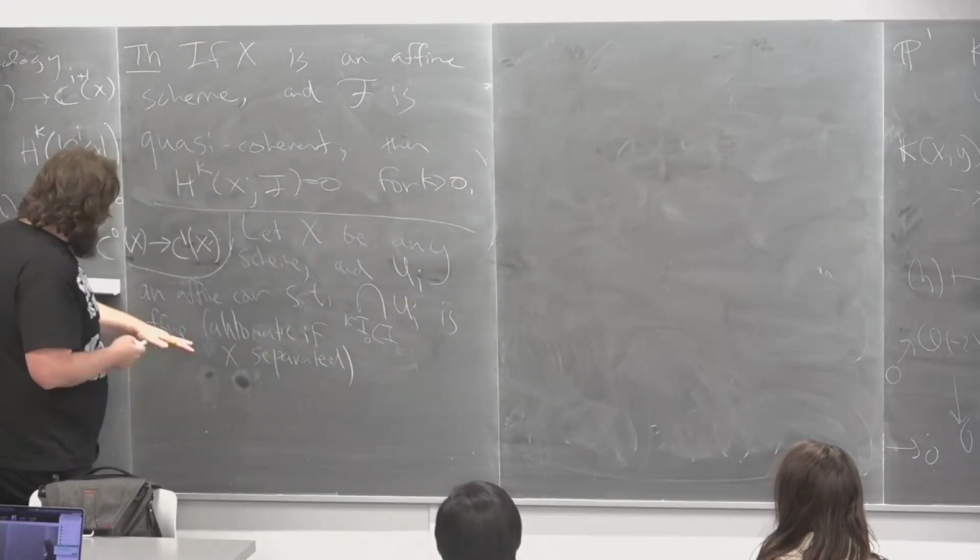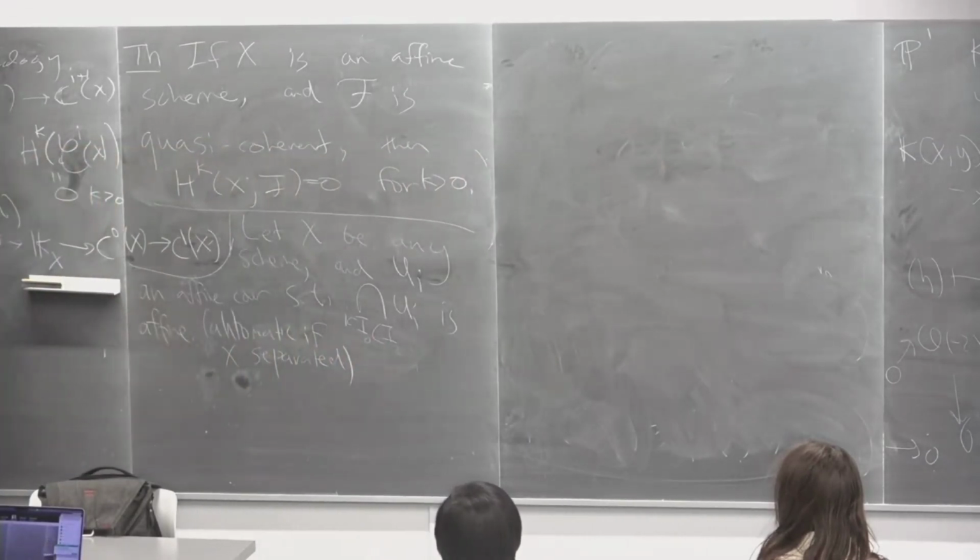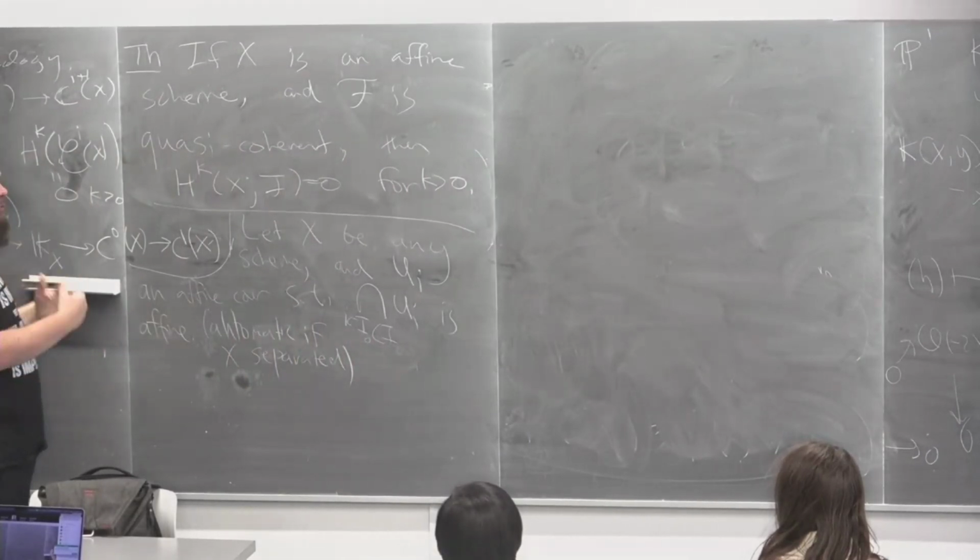All right. So the way we can exploit this, and I'm out of time, so let me just write it down quickly, is that we can resolve our sheaf using the restrictions to these affine subschemes.